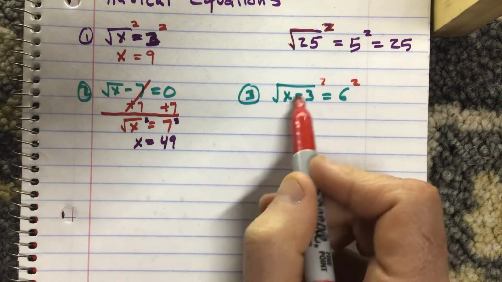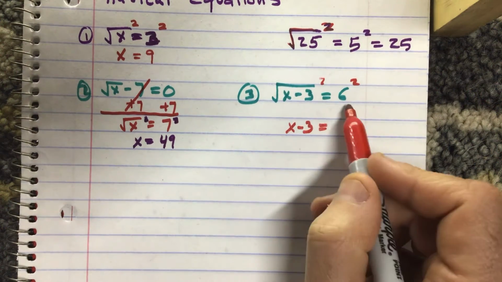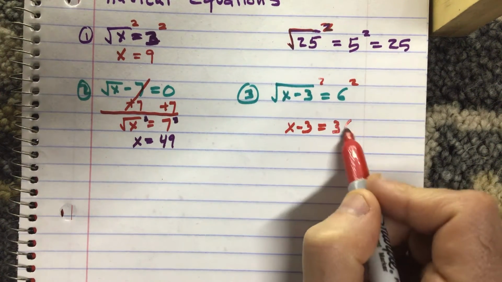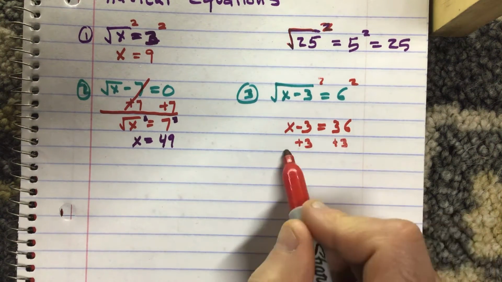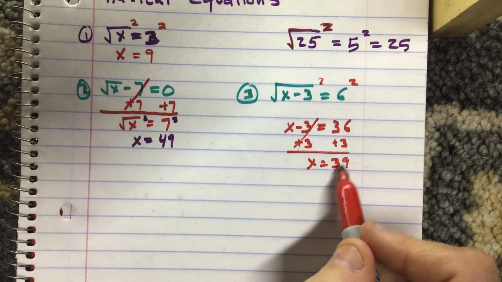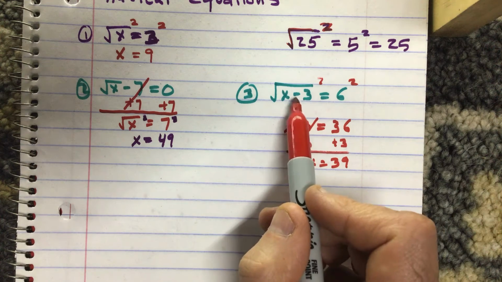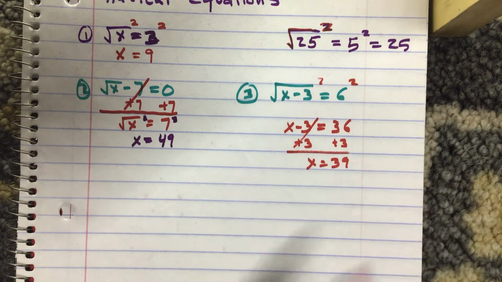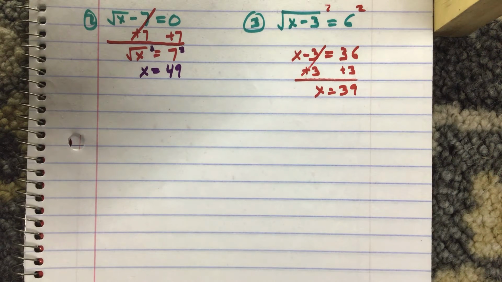Squaring gets rid of the radical, and I get x minus 3 equals 6 squared, which is 36. Now I just add 3 to both sides, like you learned in Algebra 1. X equals 39. If you want to check your answer, plug it back in. 39 minus 3 is 36, and the square root of 36 is 6. So it works.